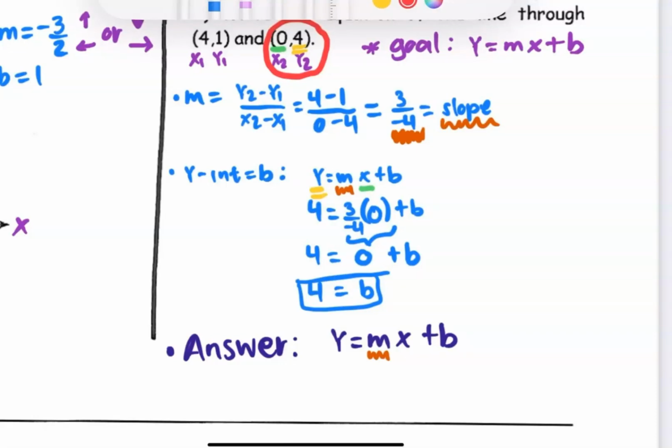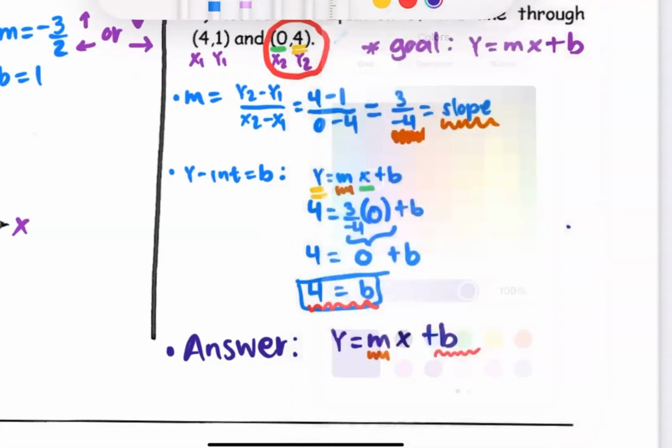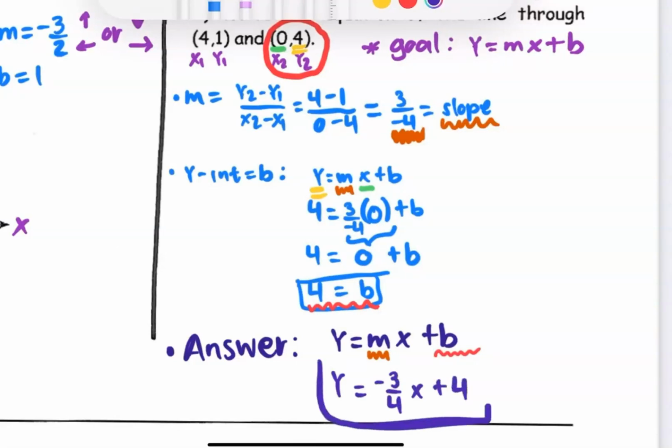Let me choose red. So again, we just found b. B is going to be 4. Now, instead of saying all of those letters again, I'm going to go ahead and plug in my stuff. So y is equal to negative 3 over 4 x plus 4, which is b. This is my answer, so I'm going to go ahead and box it, and I am done.